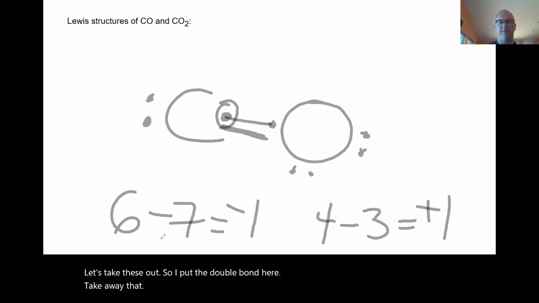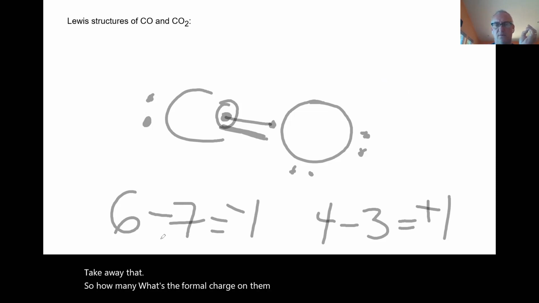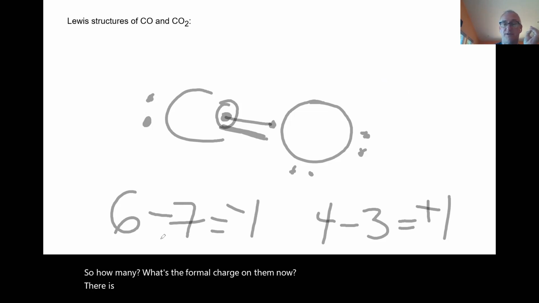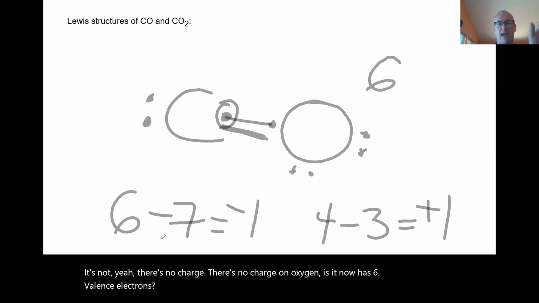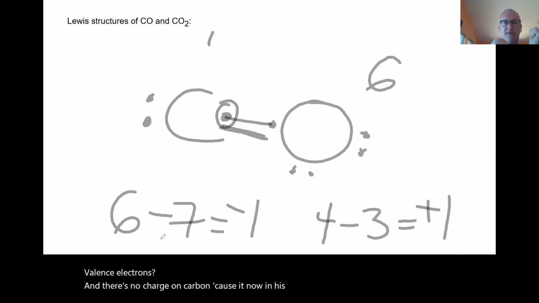And so what's the formal charge on them now? None. There's no charge on oxygen because it now has 6 valence electrons. And there's no charge on carbon because it now has 4 valence electrons.